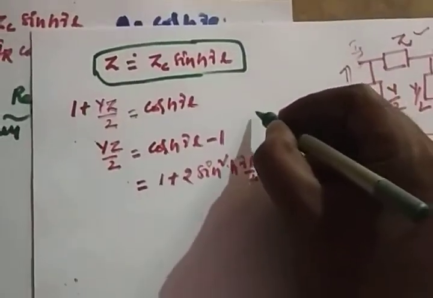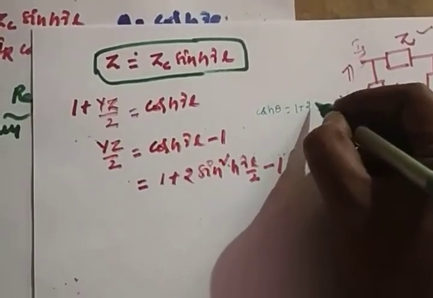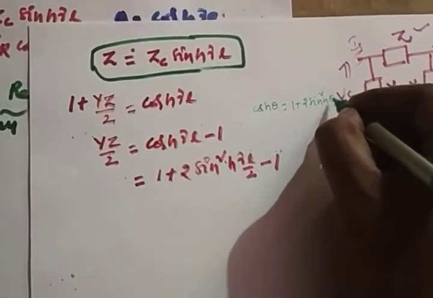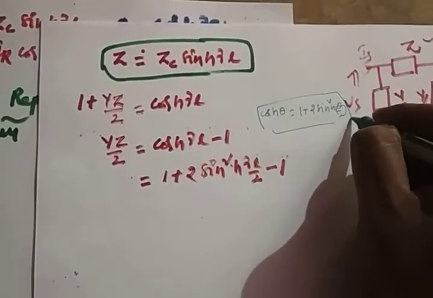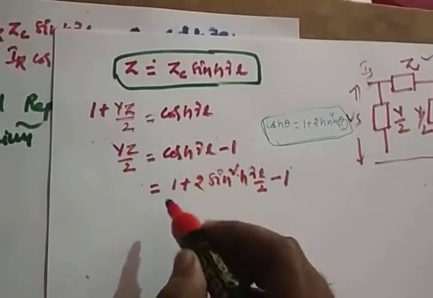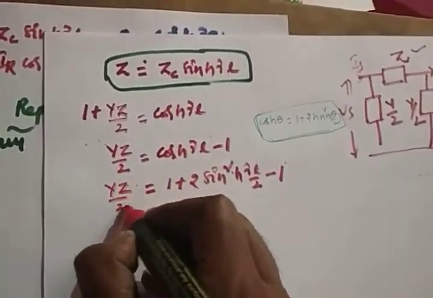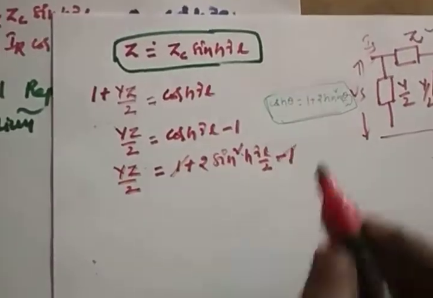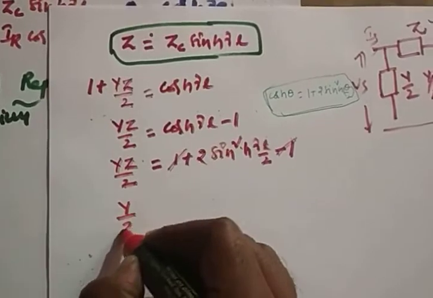This is the formula I am using. The 1 and minus 1 get cancelled. Then from this you can calculate Y by 2.